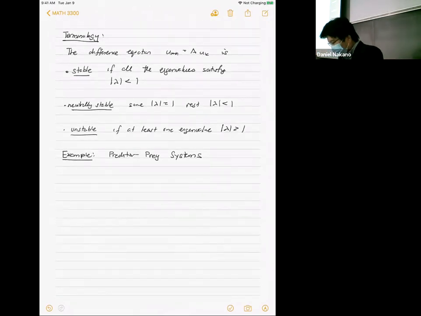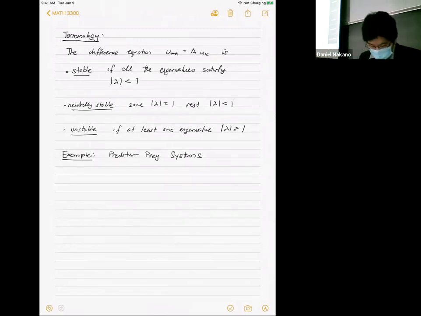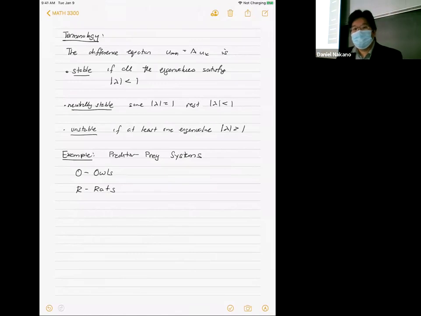So the example I'd like to focus on is owls and rats. Owls are the predator and rats are the prey. And as you know, if we don't have the predators around, the rat population will just continue to grow and grow. So it's really good to have predators in this instance.